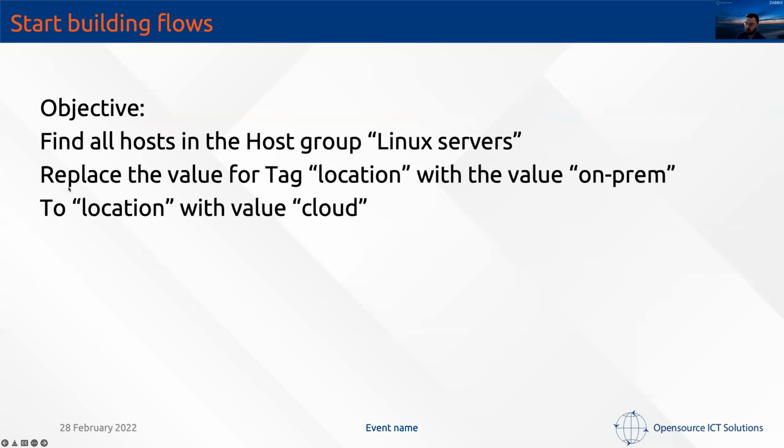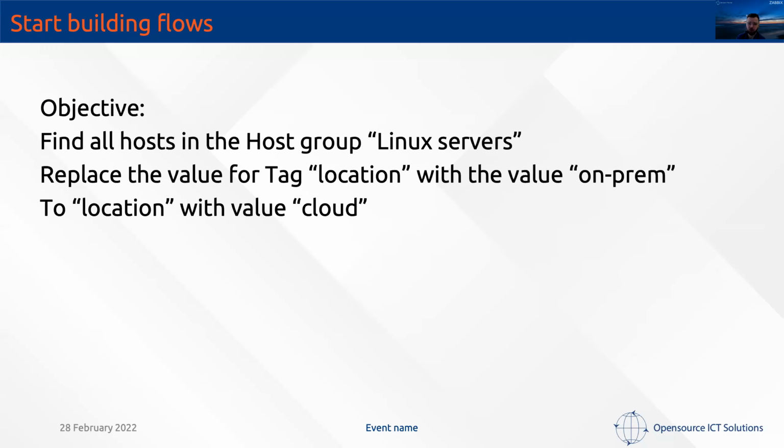And then it's important to start building your own flows. And what we mean by this is make sure that before you start building something with the API, you set an objective for yourself. What do I want to achieve by building an integration or anything like that using the Zabbix API?